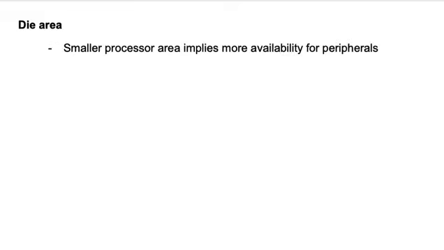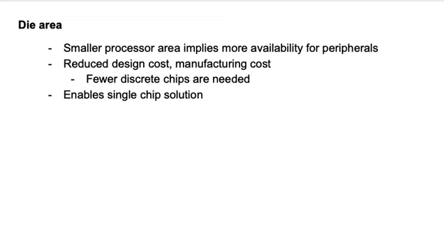The next is the die area. The smaller processor area is very important so that the processor along with the other chips fit into the embedded device. This also leads to reduced design costs and manufacturing costs.